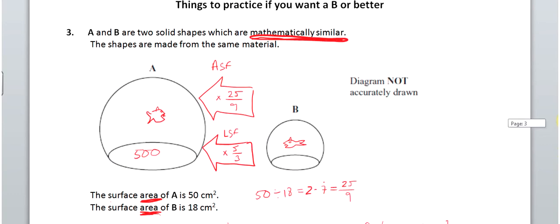So just to make it a little bit clearer, perhaps I'm just going to add that to my diagram. Let me get this out of the way. So what I've just said is that the volume scale factor is this one cubed.